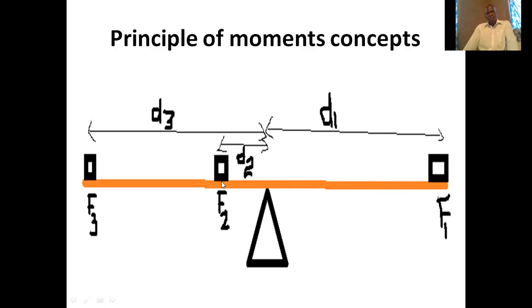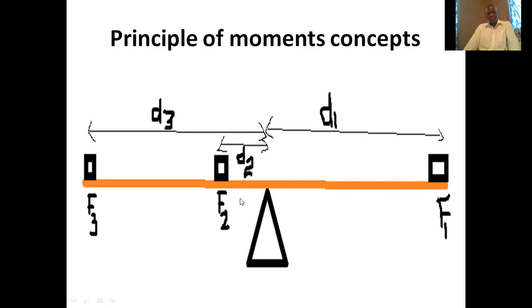Those which are pulling, like this force here, are pulling this way in the anti-clockwise. So the moment for force 2 will be F2 multiplied by the distance to the pivot. So it will be F2 multiplied by D2.